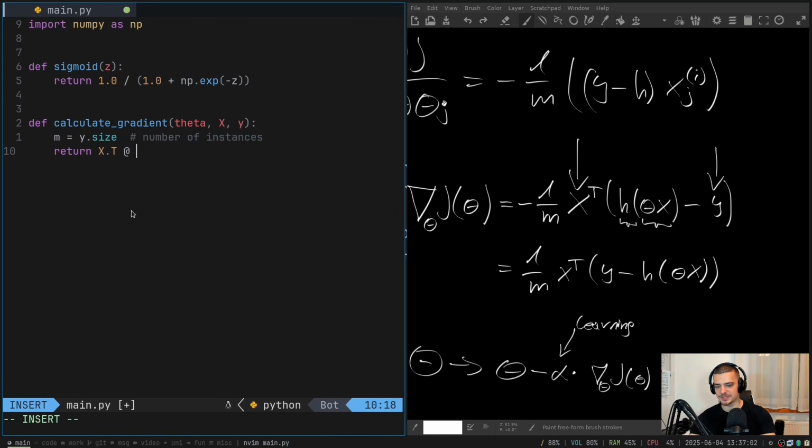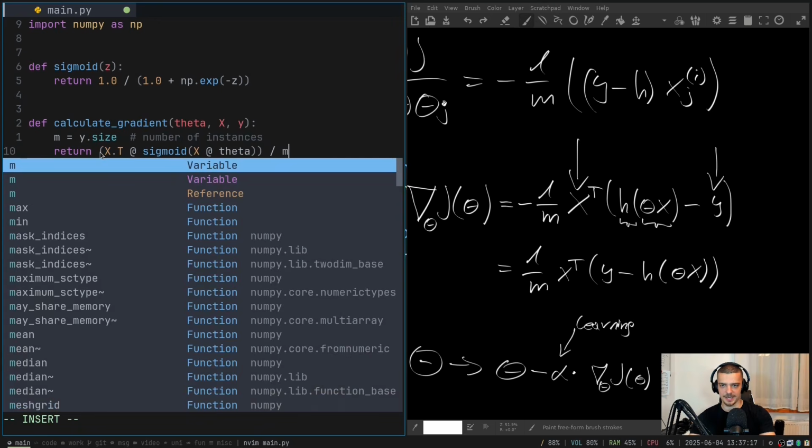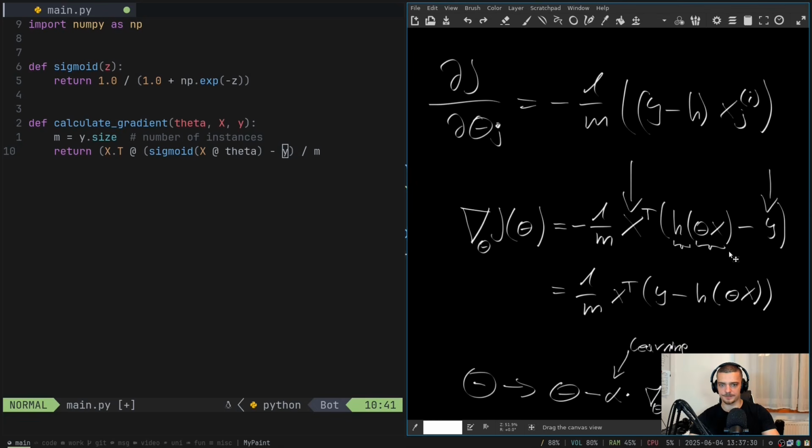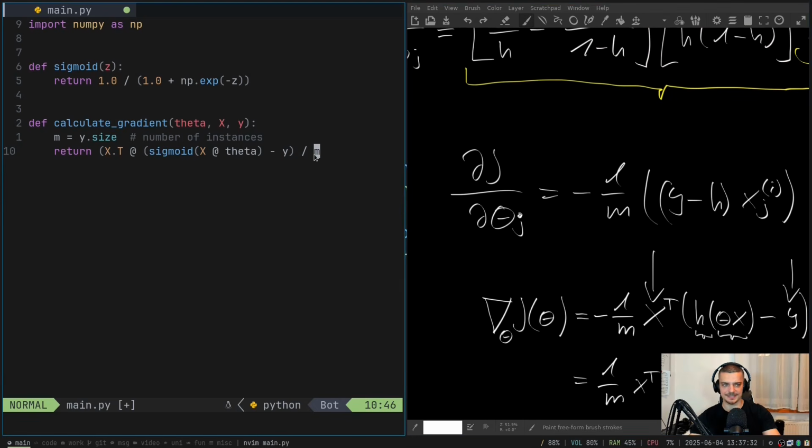So x transposed at, then sigmoid, and then inside of the sigmoid function, we also do x matrix multiplication theta. We take all of that, so we put parentheses around that, and then we take that divided by m. And actually, I forgot one thing. We also need to put this here into parentheses and say minus y, which is exactly what we're doing in our formula. So that calculates the gradient.